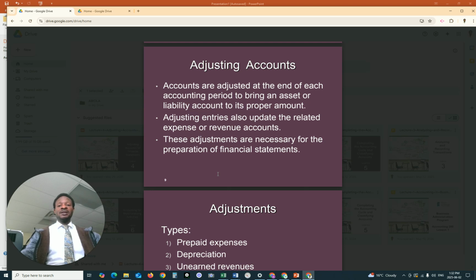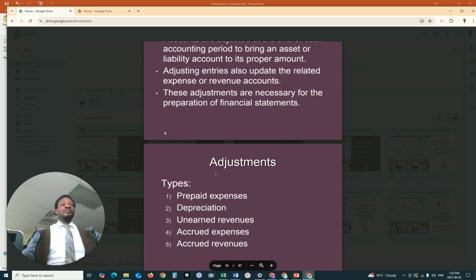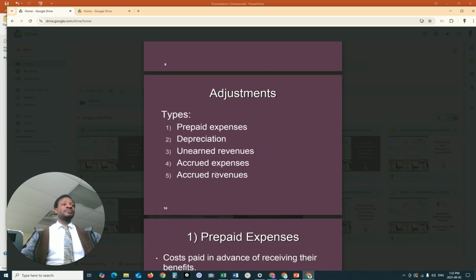We had looked at the users of accounting information in one of the previous episodes, the internal users and the external users. So adjustments come in different types: the prepaid expenses, depreciation, unearned revenues, accrued expenses, and accrued revenues.